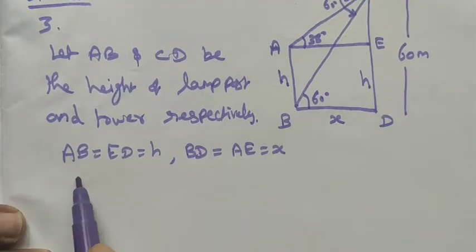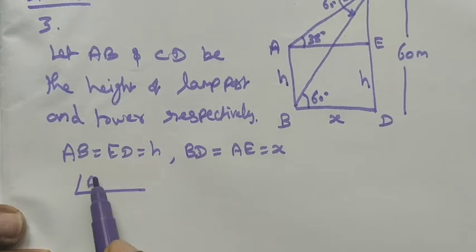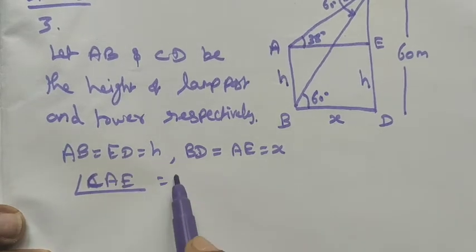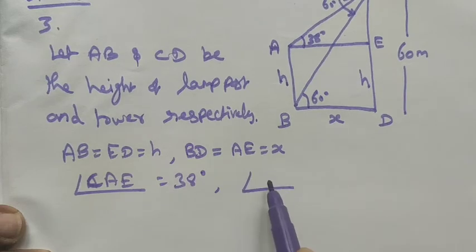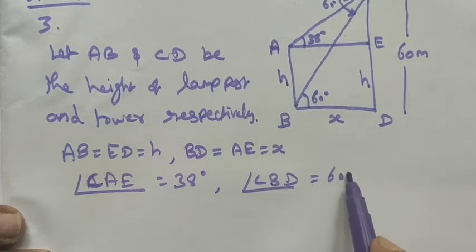Now the angles are given: angle CAE is equal to 38 degree and angle CBD is equal to 60 degree.